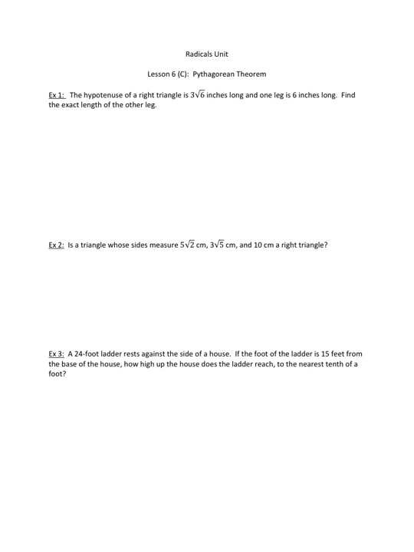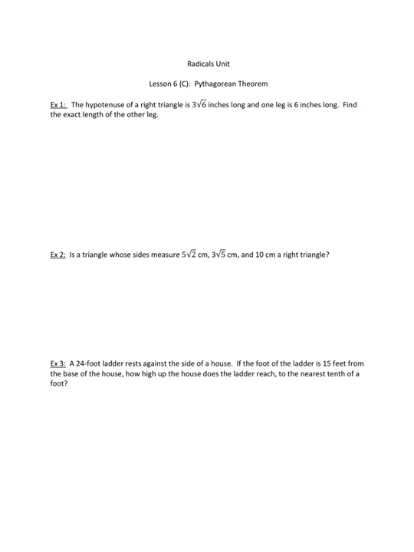So one very common thing that you're going to see over and over is questions asking you to apply the Pythagorean theorem and to find the exact length of a side of the triangle.